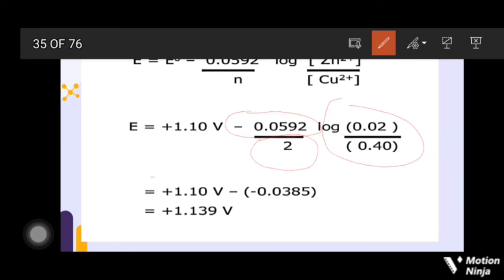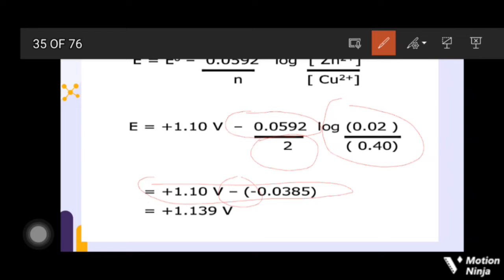So after you have calculated that, the equation will become like this. The E naught will remain, which is the positive 1.10 volts minus the negative 0.385. After that, you need to change the sign because the two negative signs are near each other.